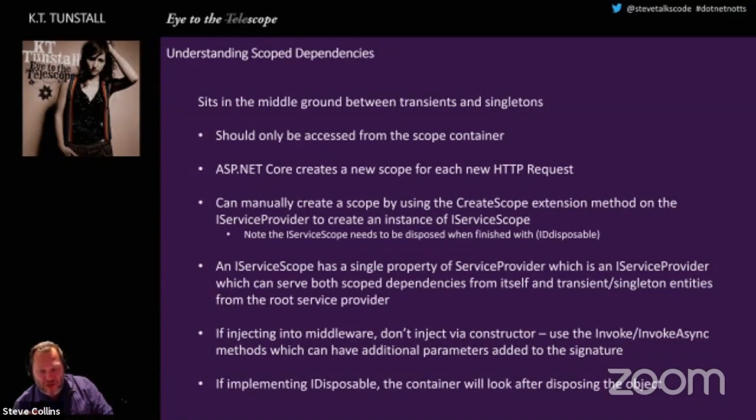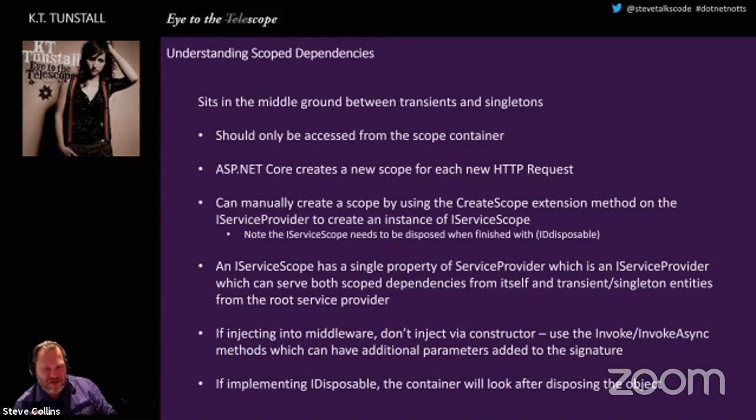Instead, what you can do is on the Invoke or InvokeAsync methods, when ASP.NET Core calls those, it's able to pass in parameters from the container that you can specify on there. So it's not a fixed interface, it's done through reflection effectively.